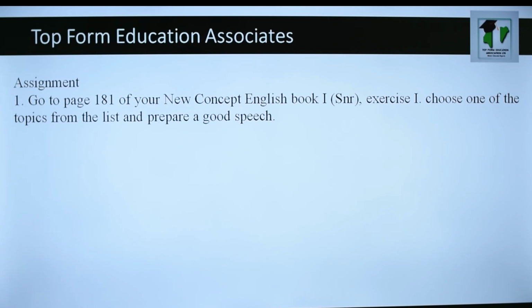Choose one of the topics from the list and prepare a good speech, following the requirements taught and the parts of a good speech studied. Merge the two together and then try to fuse them into the topic you decide to pick. And then after which you write. Submit to your teacher. And I'm sure your teacher will be there to correct if need be. And as you practice, you become a better student.